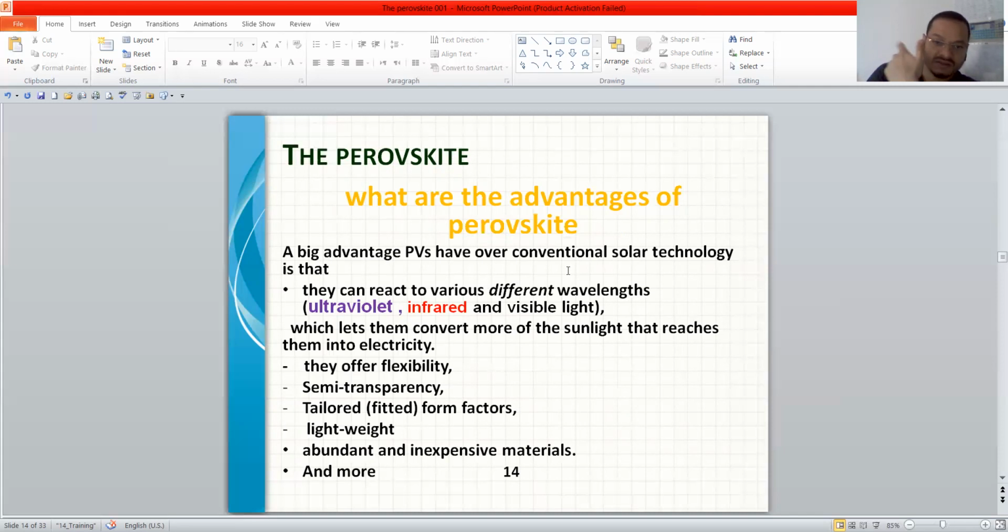That's number one. Number two, it offers more flexibility, semi-transparency, fitted form factors, lightweight is important, and it's inexpensive because it's abundant, and more.